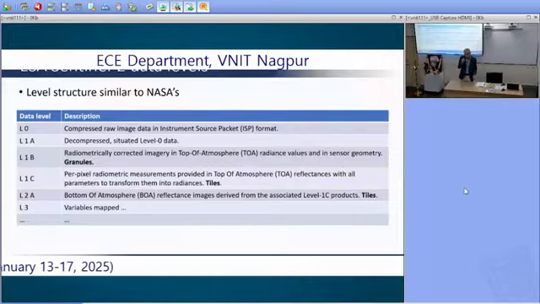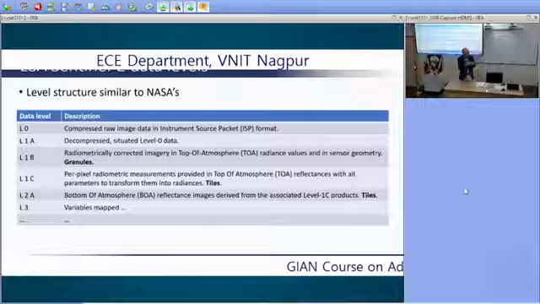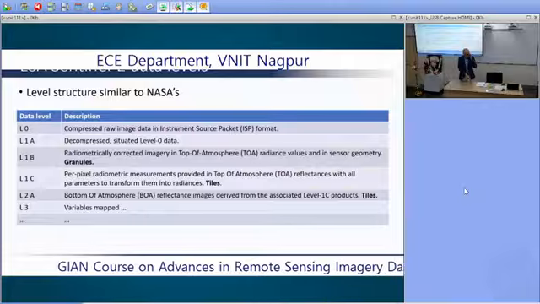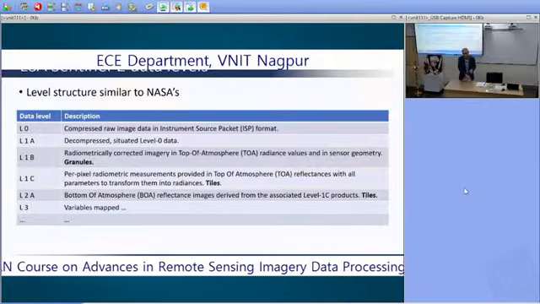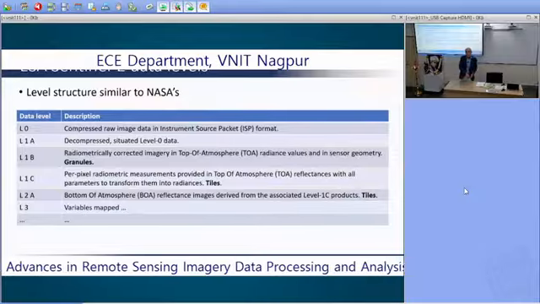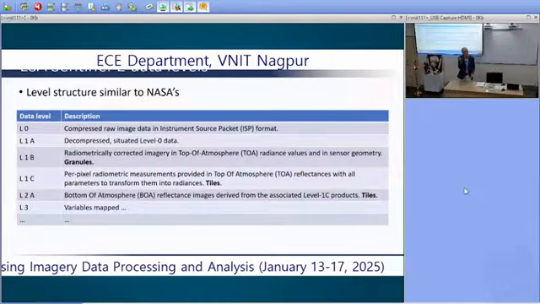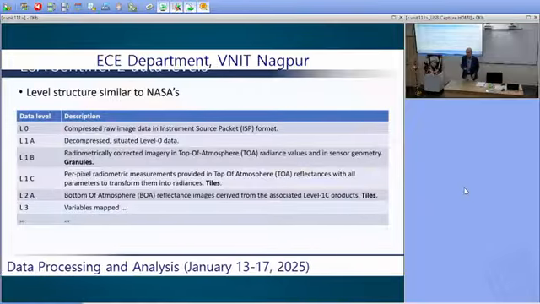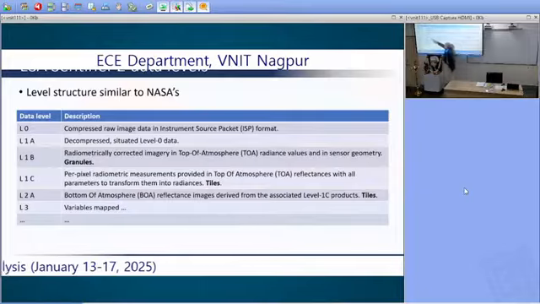There are additional plugins that can be added to the standard data processing environment, which is called SNAP, from the European Space Agency. One is called Sen2Cor, which is designed to do exactly this, to bring level 1C to level 2A.